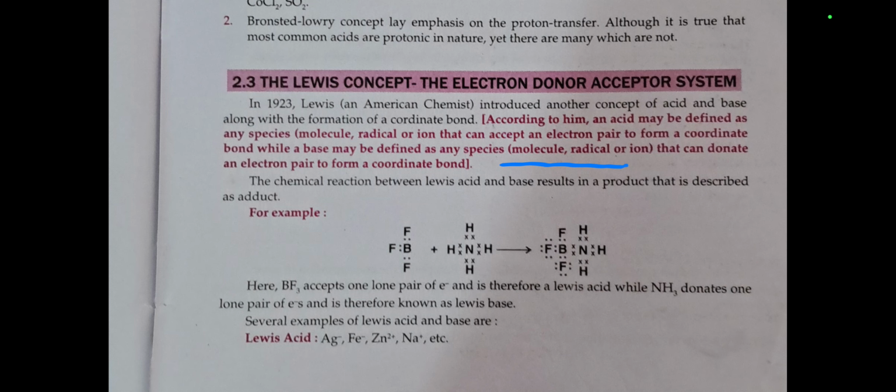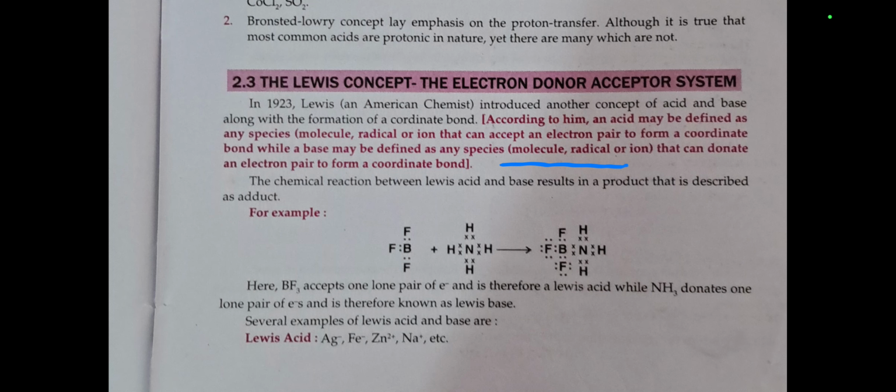An acid will accept the electron pair. A base will donate a pair of electrons to form a coordinate bond.